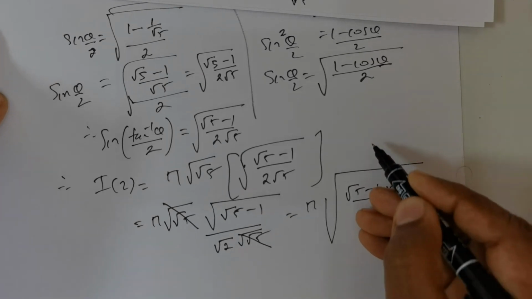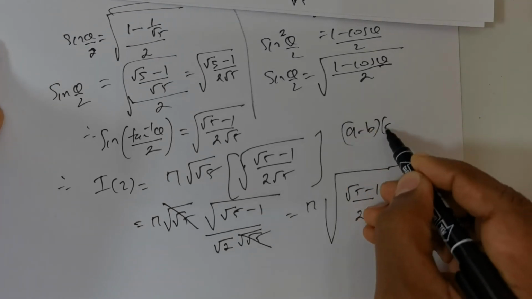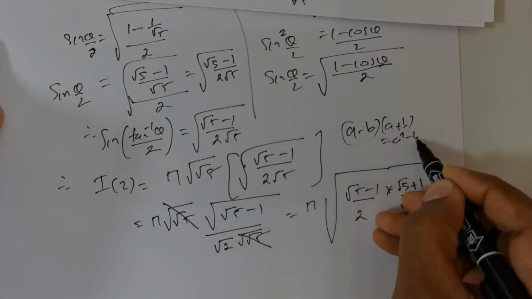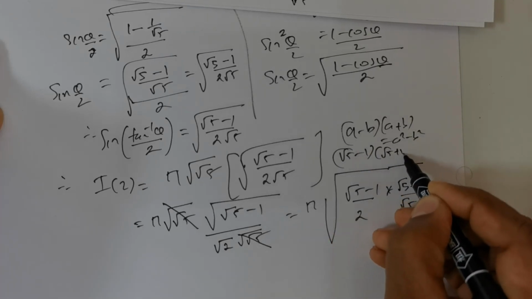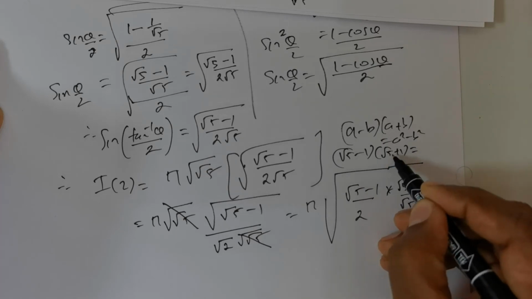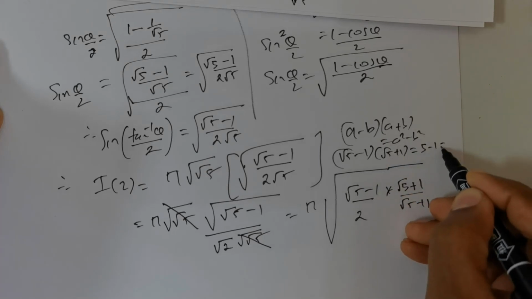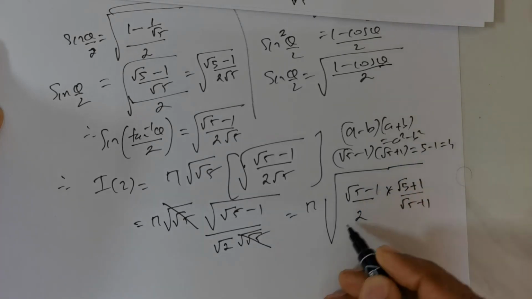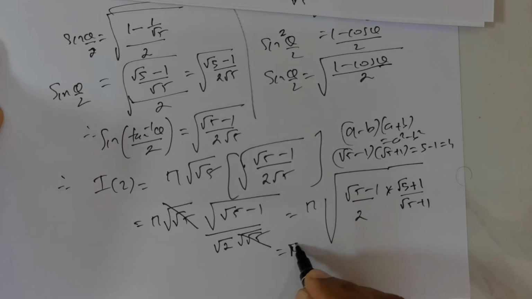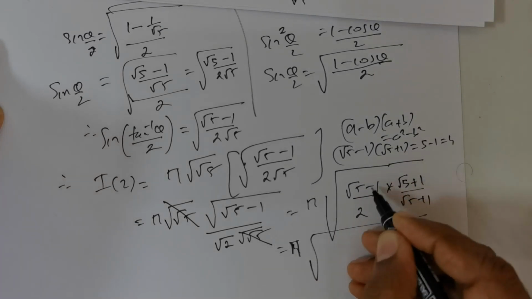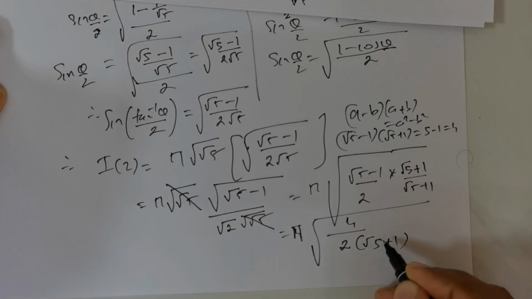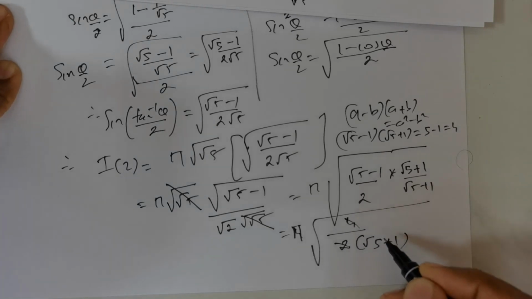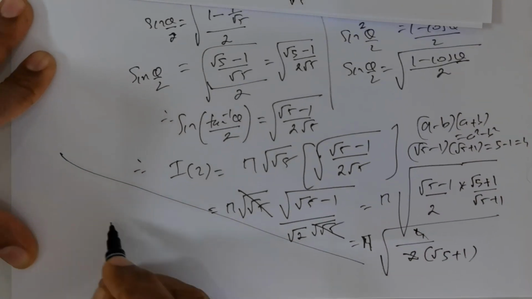Then this is nothing but (a − b) times (a + b), which is a squared minus b squared. In this case it's root of 5 minus 1 times root of 5 plus 1, which is going to be root 5 times root 5, which is 5, minus 1, which is going to be 4. So this is going to be pi times root of 4 divided by 2 times root of 5 plus 1.